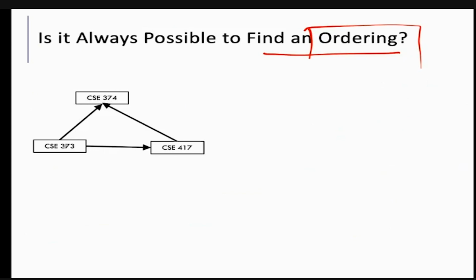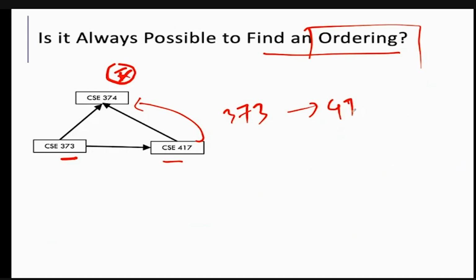You see 373 first and 417, and then you can do 374. So are you understanding? 373 first, then 417, and then 374. So let's do 373 to this edge. The 417 has another edge to 374. We have given this, and this edge 373 to 374 we have given this.